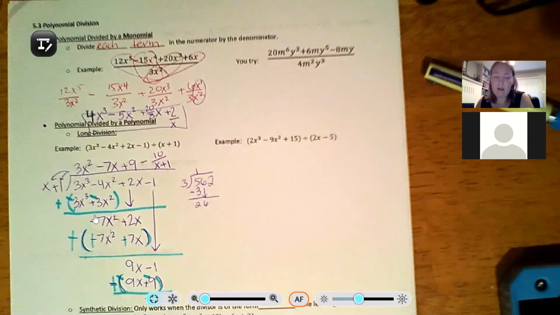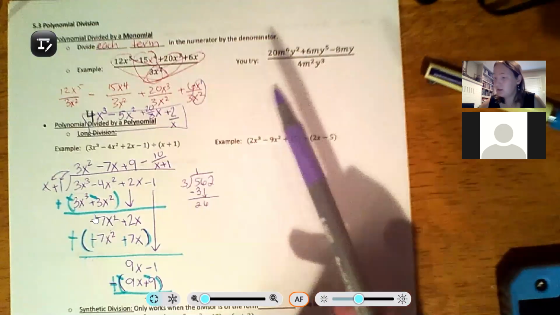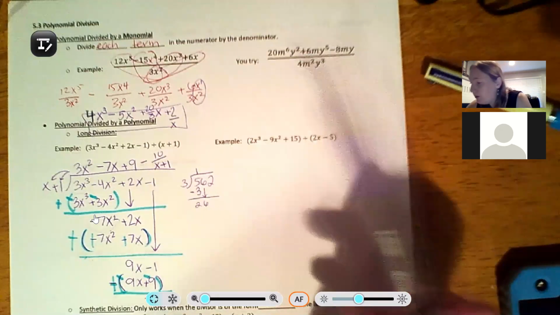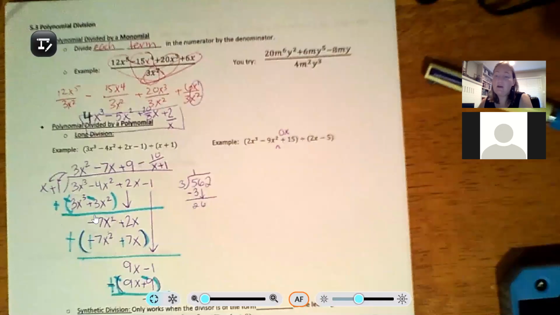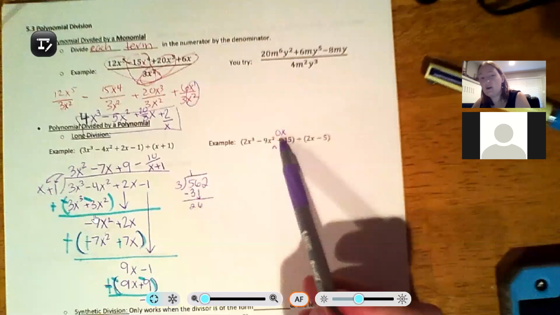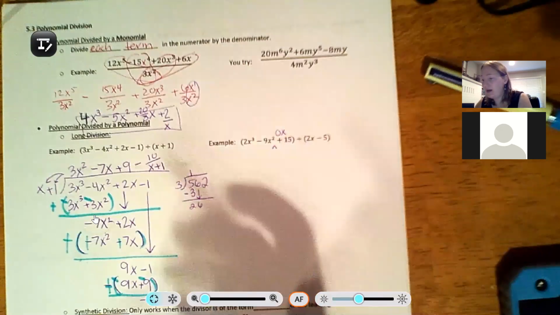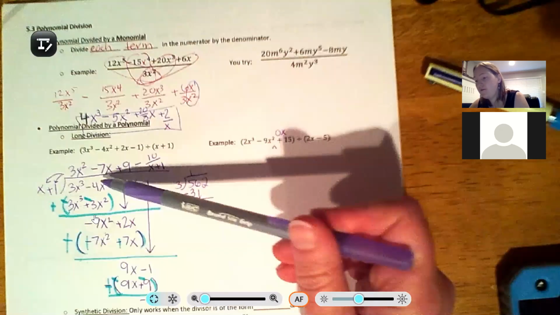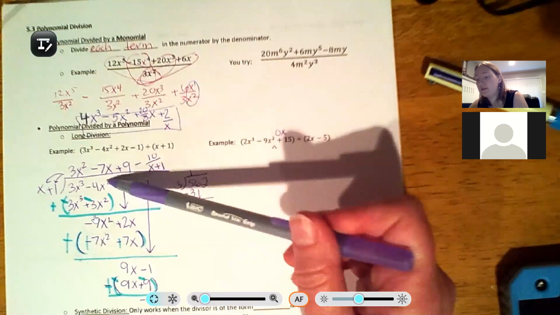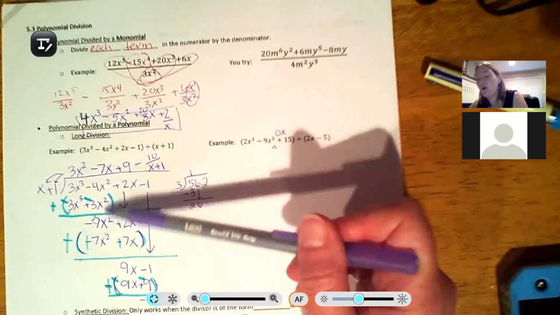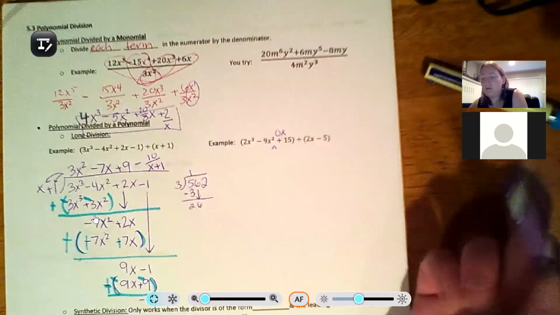So what happens sometimes is that you might have like a missing term. Like here you have no x's. It's good to put in 0x so that you don't accidentally combine unlike terms. So like, for example, if you had a missing square term and then you have this square term here, you don't want to accidentally combine those because those wouldn't be like terms.